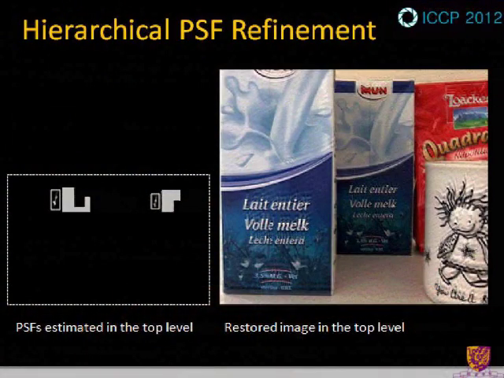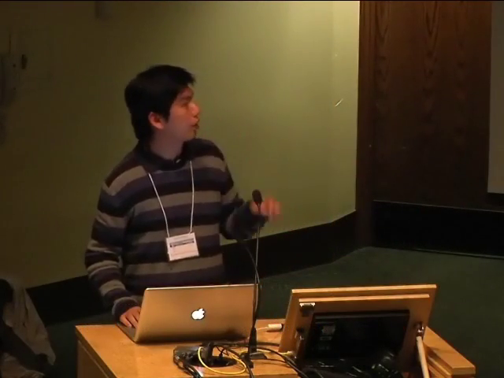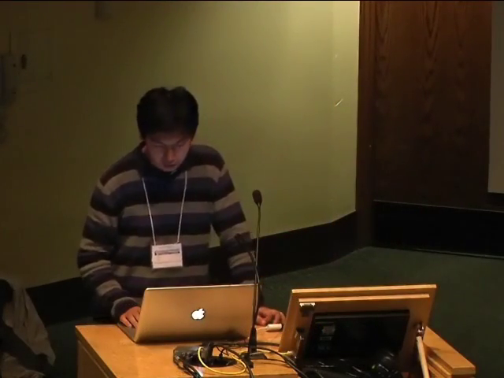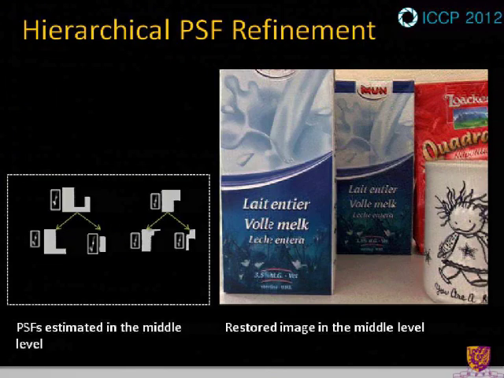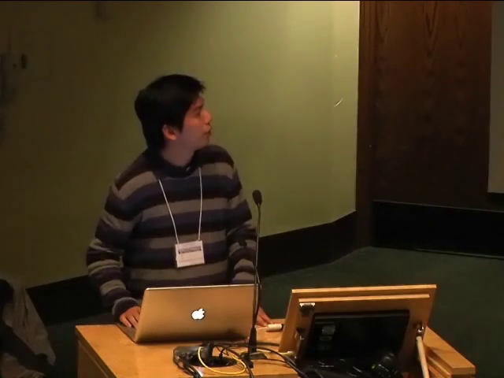Using the PSF estimated at the top level, we get a result image like this. Please notice the strong ringing artifacts on the cup and the box of milk. By propagating the kernels to the middle level, the result is refined. We can further propagate the kernels to the bottom levels, and the quality of the image gets better.